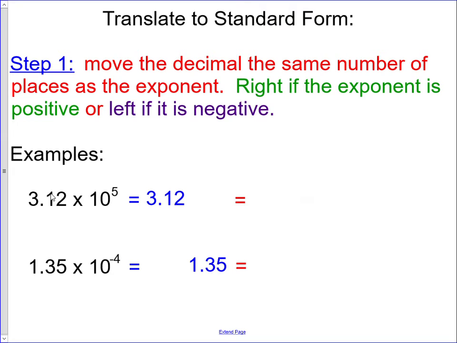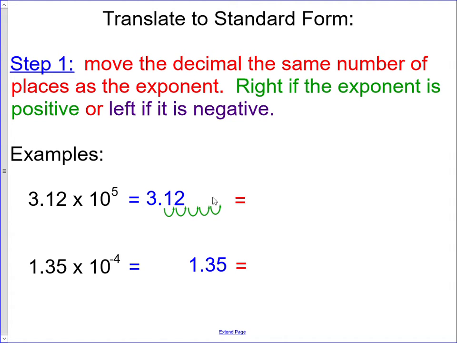So in this first example, in scientific notation, I have 3.12 times 10 to the 5th power. It's a positive exponent, so I'm going to move the decimal to the right. My number is going to get larger. So here's my decimal, and I need to move it 5 spaces. So I'm going to move it 1, 2, 3, 4, 5. So my decimal is all the way back here.